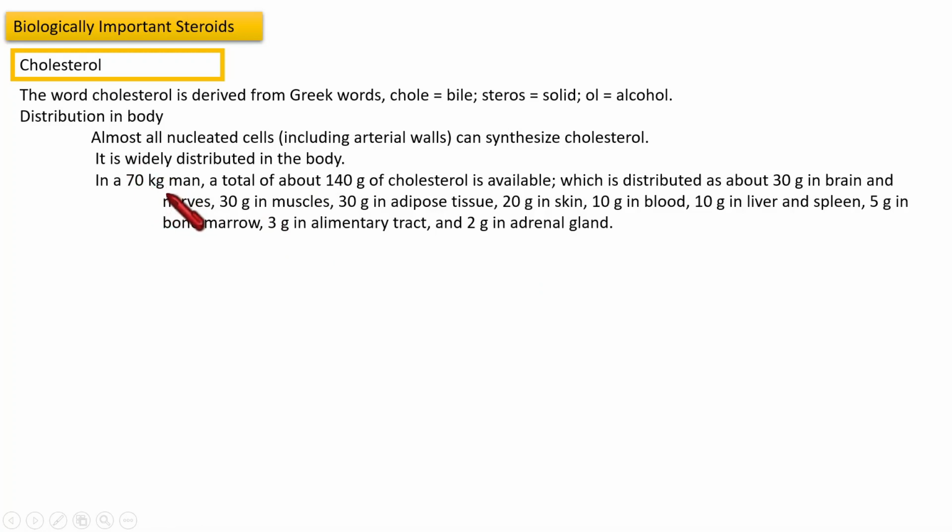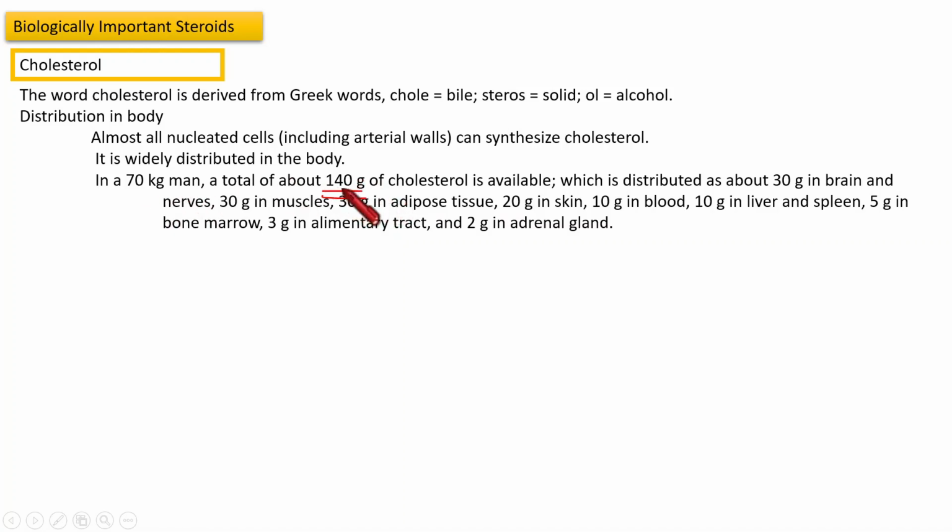So 70 kg is a standard healthy weight of a normal man. In his body, the healthy level is 140 gram of cholesterol. Don't be afraid on looking at this figure. It can vary. Anyway, this normal value for a healthy man is 140 gram.